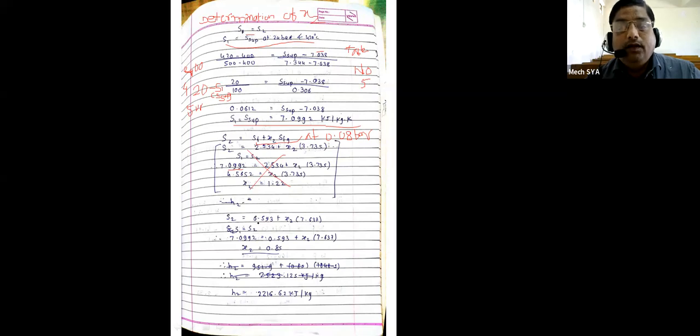The earlier one was wrong. S1 is equal to S2, so 7.0992 is equal to 0.593 plus X2 into 7.637, and therefore X2 is coming as 0.85.